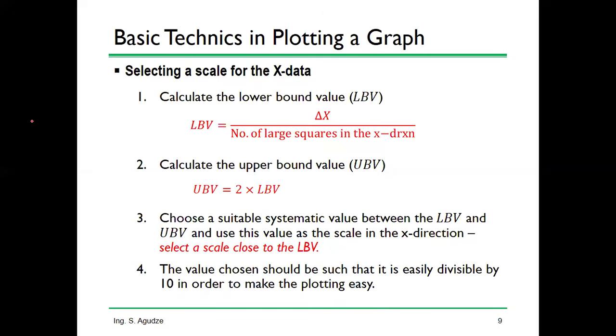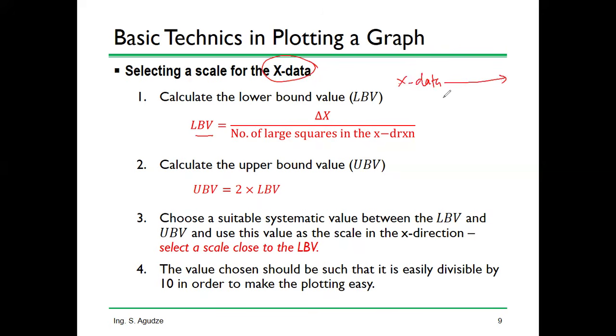The first thing you have to do is calculate the lower bound value. The lower bound value is simply the change in X over the number of large squares in the X direction. We are talking about the X data. What is the change in X?